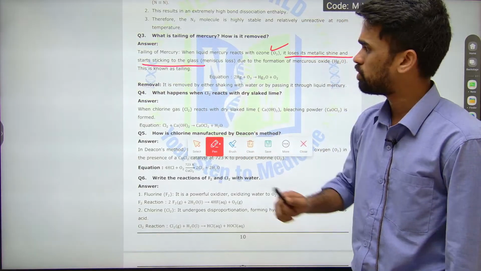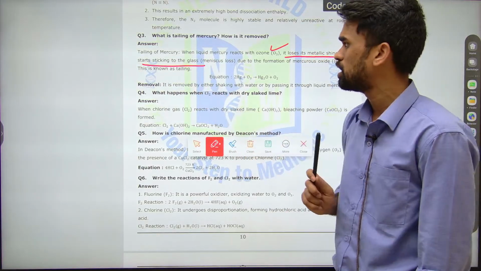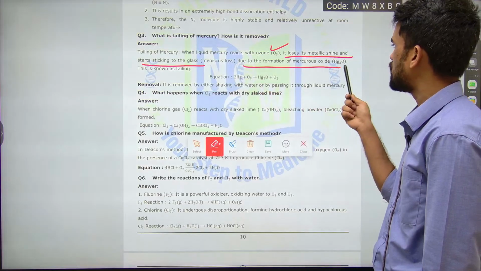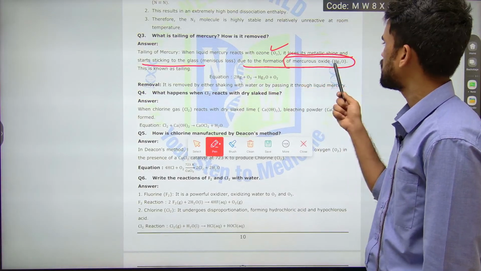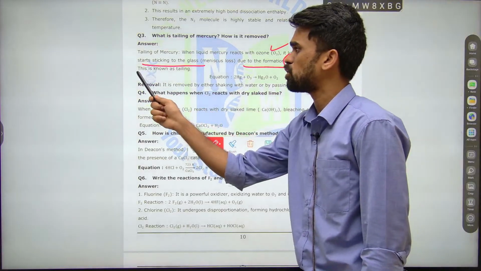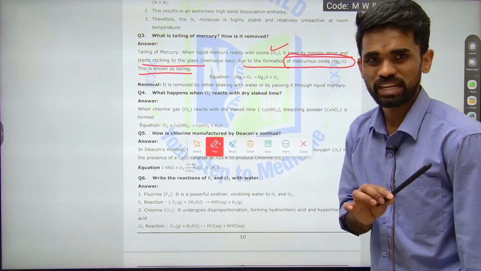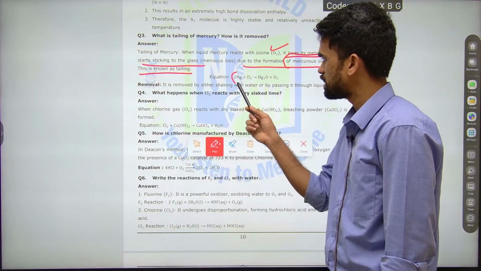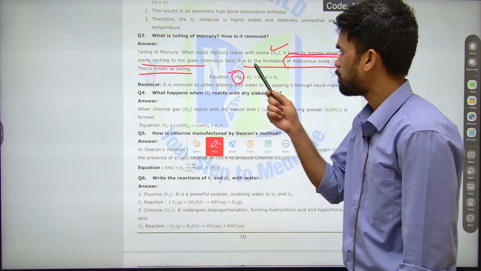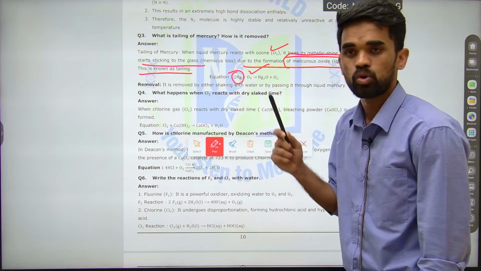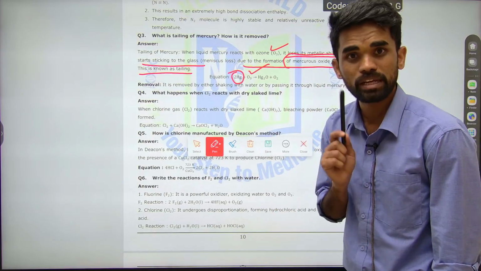Next it loses its metallic shine and starts sticking to the glass. So due to the mercurous oxide, Hg2O, being formed, this process is known as tailing of mercury. It's a very simple one. Mercury upon reacting with ozone forms mercurous oxide.